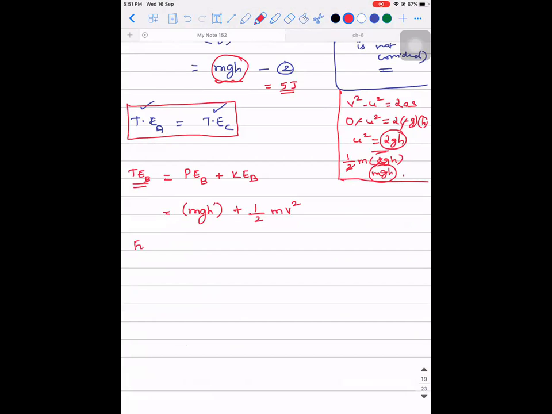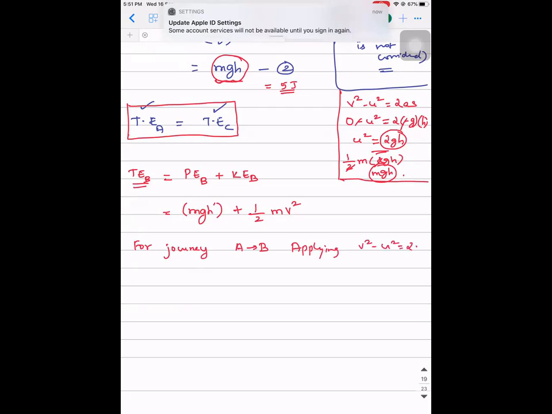So observe for the journey A to B, applying v square minus u square is equal to 2as. So what will I get?